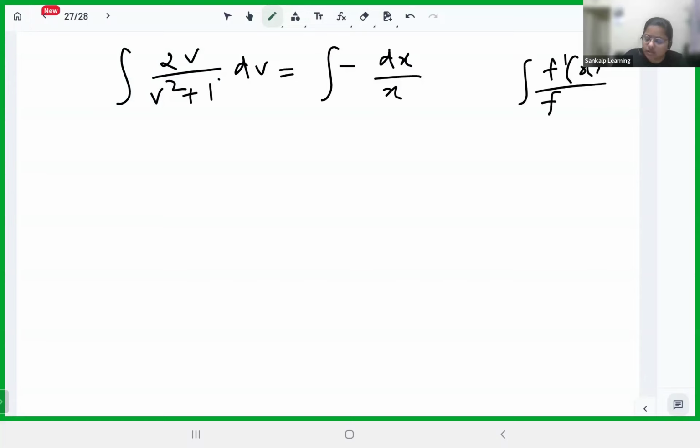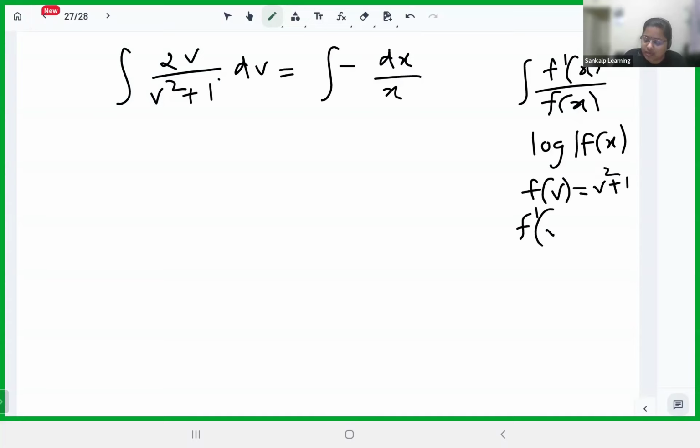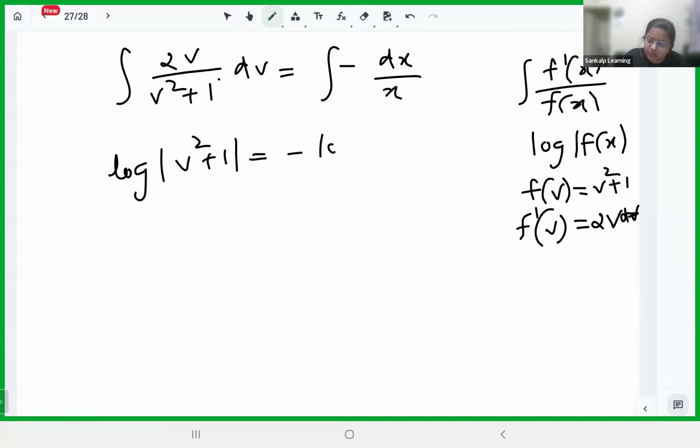Here f of v is v square plus 1, and f dash of v is 2v. So we can write the answer as log mod v square plus 1 equals minus log mod x plus log c.